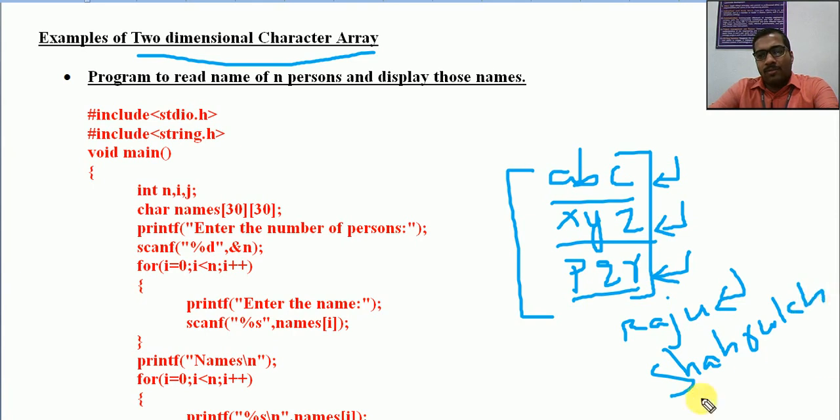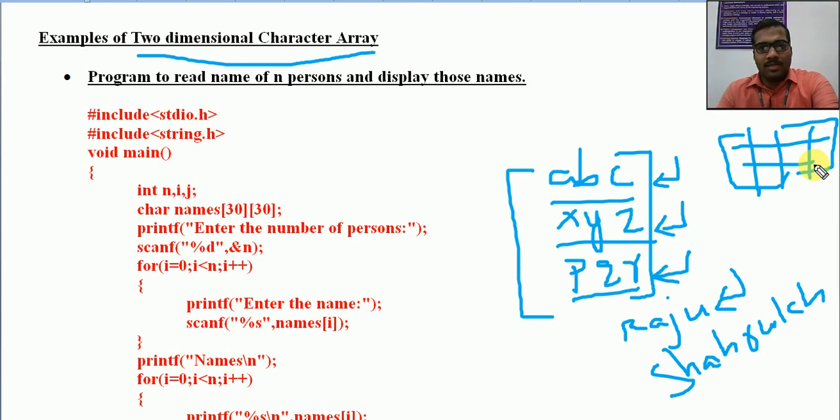So the number of characters differs. In a normal integer matrix, we have fixed rows and columns. But in the case of strings, we cannot predict that. So that is the problem with two-dimensional character arrays.